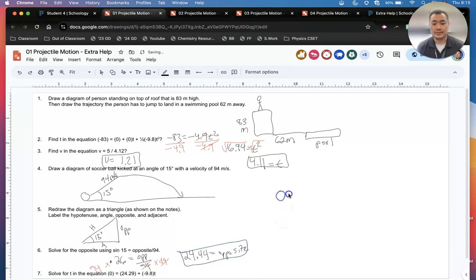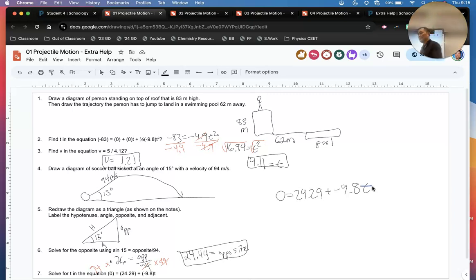Right now, it's 0 equals 24.29 plus negative 9.8t. You want to add or subtract? Add what? If we add 24.29, then we're going to get 48.58. Right? We have to do the opposite of what's here to get t by itself.